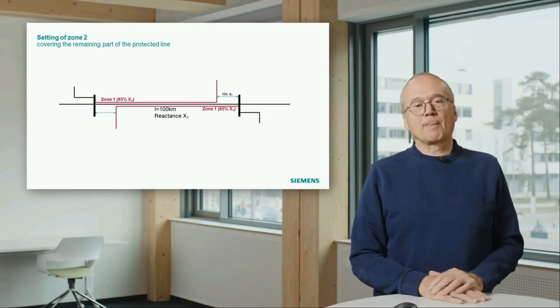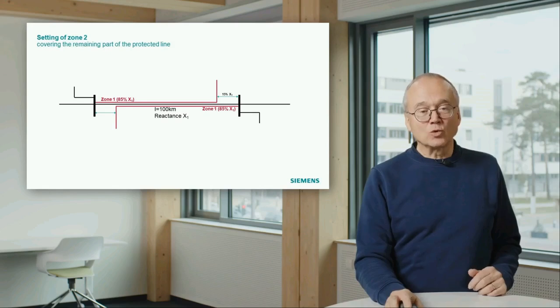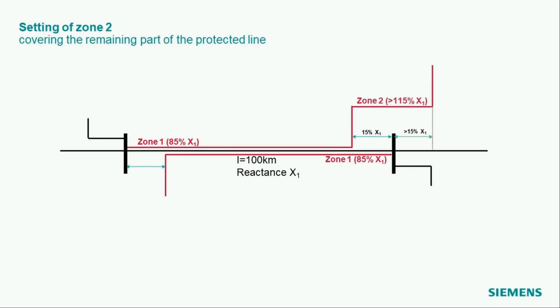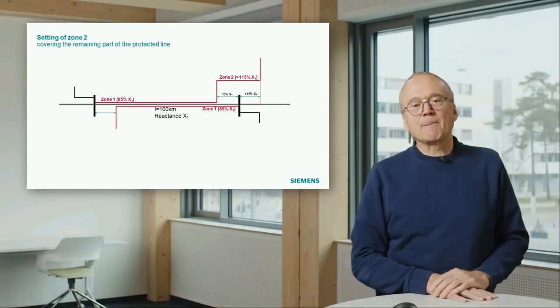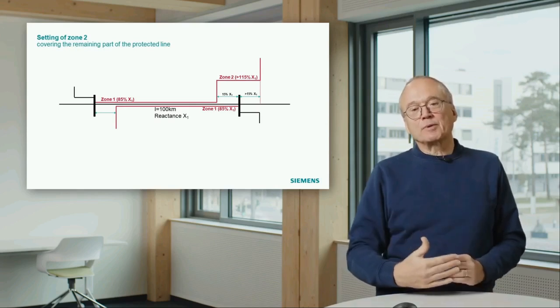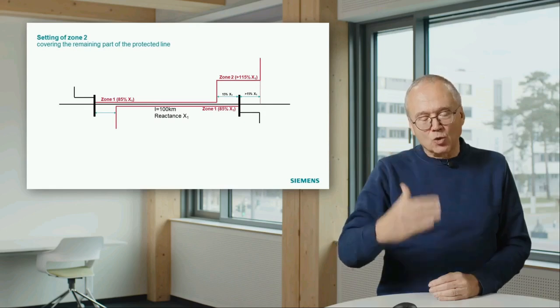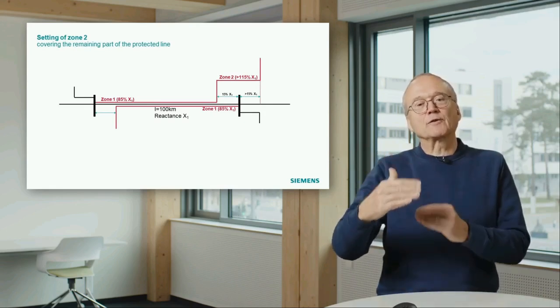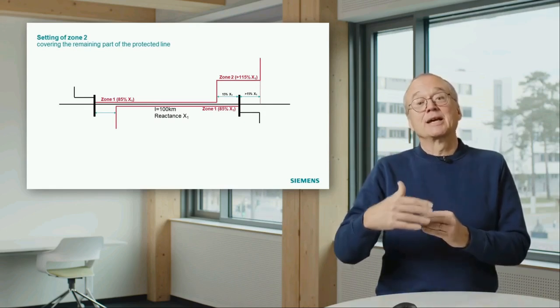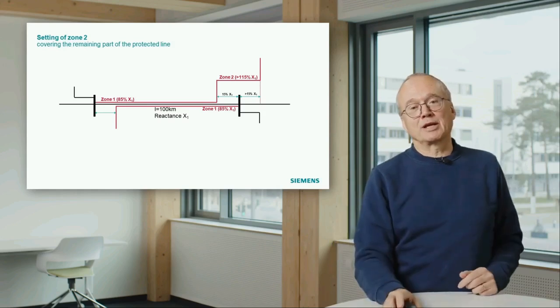So now what we can do is compensate for this problem. We add a zone 2. A zone 2 is just a second zone, which is a bit wider. It looks a bit wider into the relay. And that should be wide enough so that we are sure the remaining 15% is covered, even if we have measurement errors.